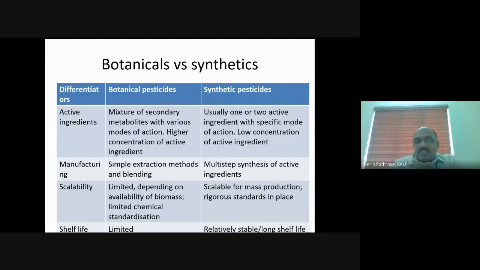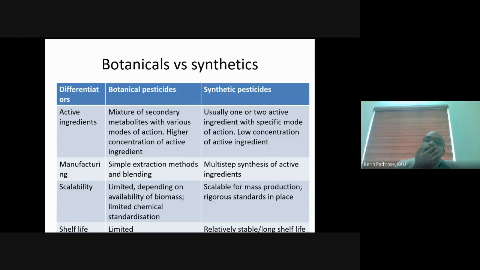But in the case of botanicals, there can be diverse modes of action. If you see neem itself, it can have antioxidant activity, growth regulatory activity, repellent activity, and sometimes insecticidal properties also. So a single plant material can have diverse modes of action, but synthetic pesticides usually contain one, maximum two active ingredients with a specific mode of action.